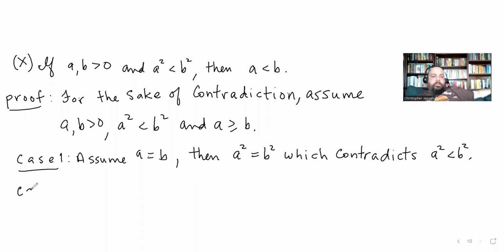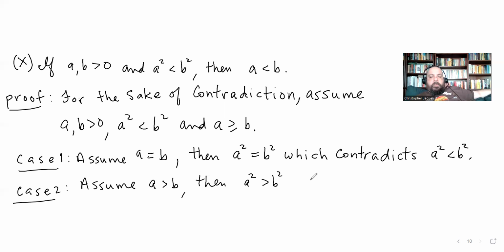All right, case 2. Assume A is greater than B, then A squared is greater than B squared by part 9.